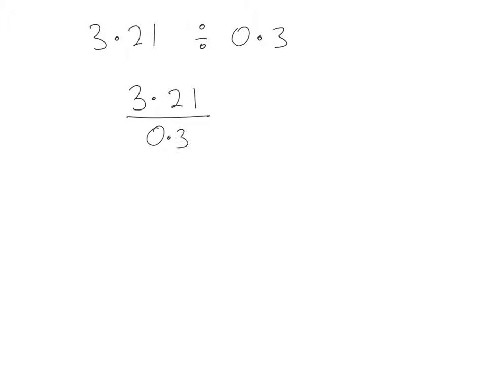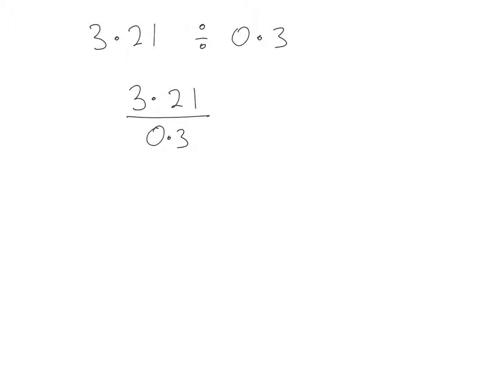So we had 3.21 divided by 0.3. Now this next bit I'm going to do as an explanation. I wouldn't actually do this in practice, but I'm going to write 3.21 as the numerator divided by 0.3 the denominator.